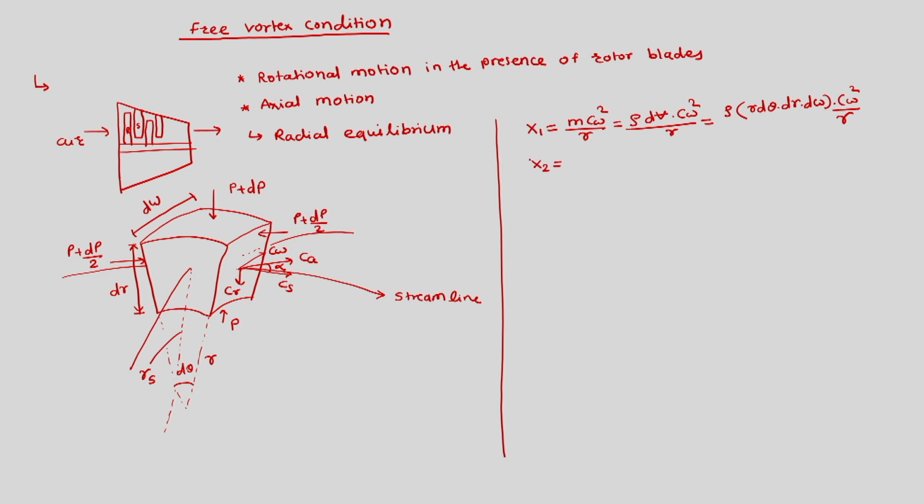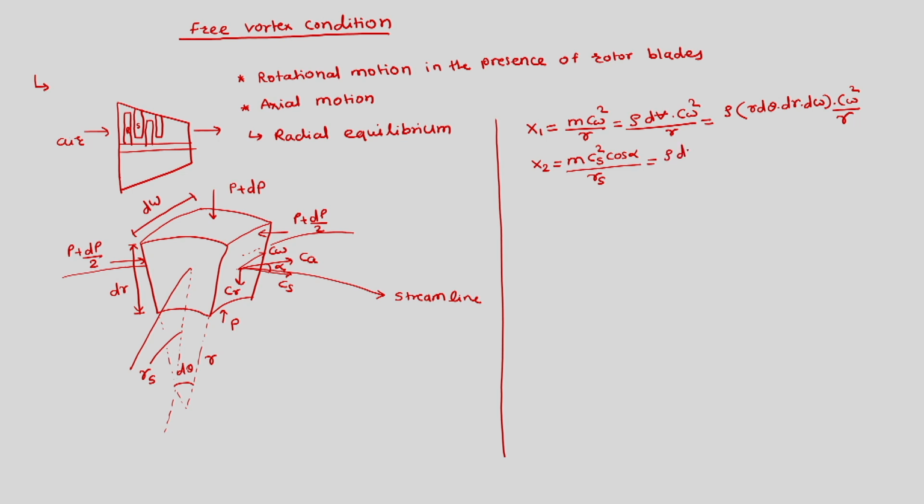The second acceleration is due to the curvature of the streamline, and that acceleration is m times CS square cos alpha divided by RS, since this is the direction of velocity, where RS is the radius of curvature of the streamline.